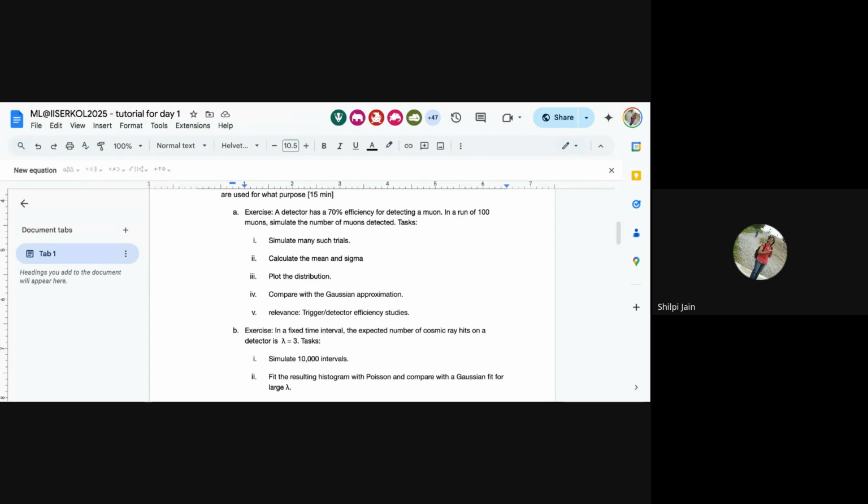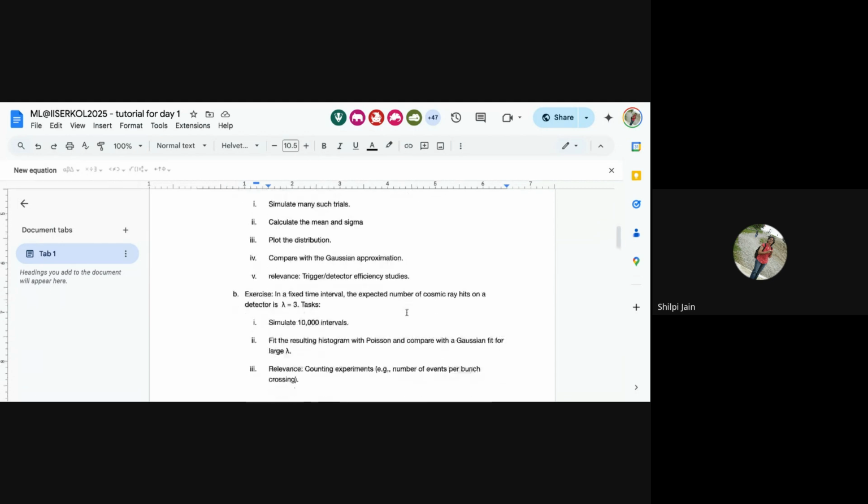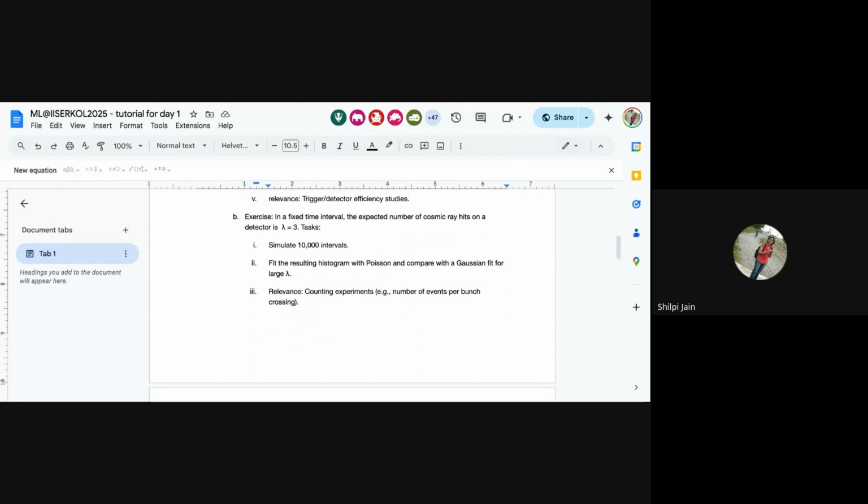In a fixed time interval, the expected number of cosmic ray hits on a detector is lambda equal to 3. So if you have 10,000 such intervals and you look at the distribution of these cosmic ray muons hitting your detector, what kind of distribution will it follow?